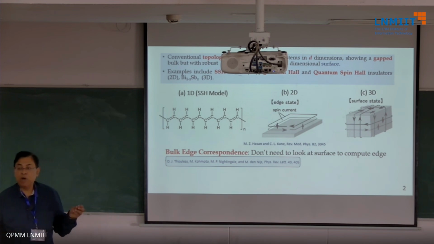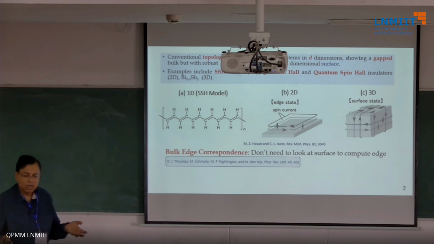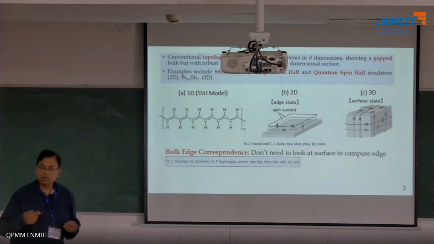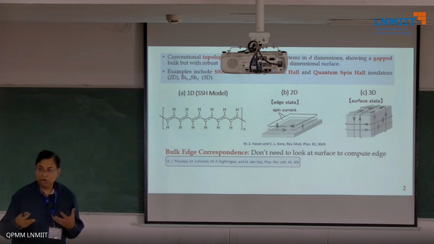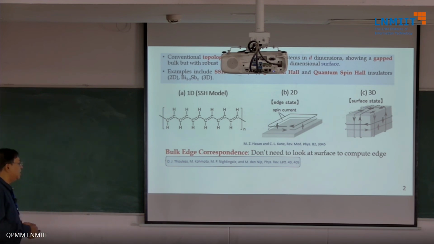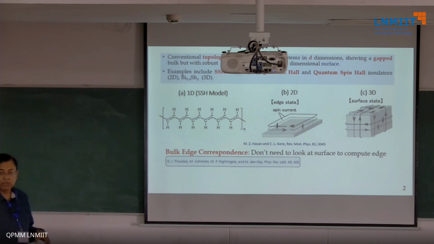Importantly, when you have to look at the edges, you have to open the system. You can't talk about periodic boundary conditions and so on. But sometimes if the system has a translational invariance, you would want to talk about periodic boundary conditions. So this tells you that you don't really need to look at the surface, but from the bulk properties, you can calculate the surface or the edge properties.